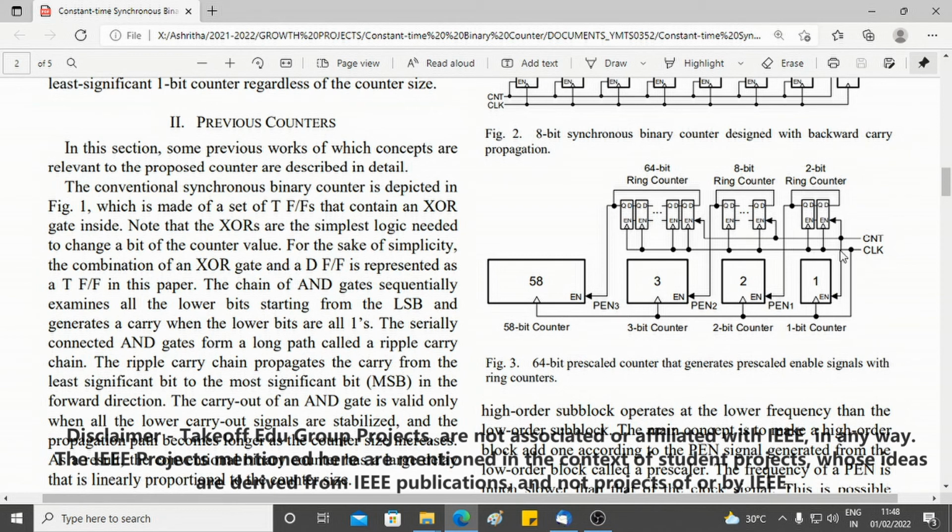In such a way we are trying to reduce the fan out of the CNT signal. Although even with the pre-scaled enable, the last n-bit counter, which is a 58-bit counter, consumes the signal for 53 flip-flops, so it doesn't improve much compared with the conventional one.